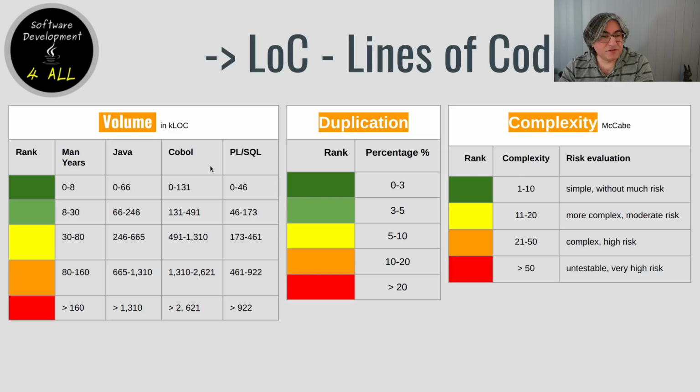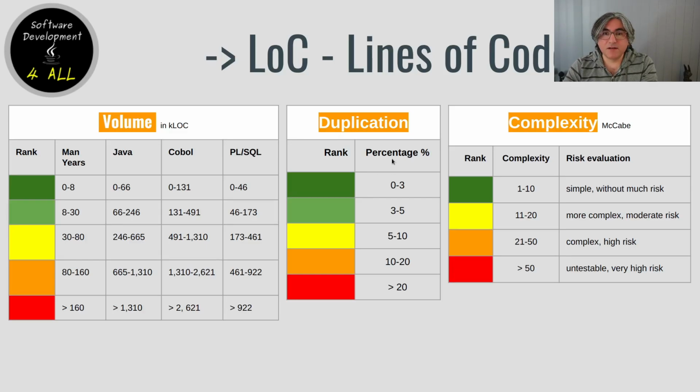So Java versus COBOL versus PLSQL. The number of years corresponding with the number of kilo lines of code are just different, and you have to know which one is which for the language you are using. So these are explained like this, and the ranking, I'll come to that later.